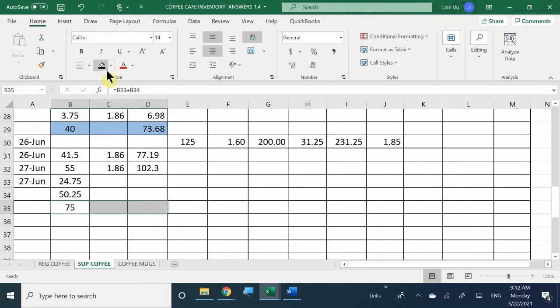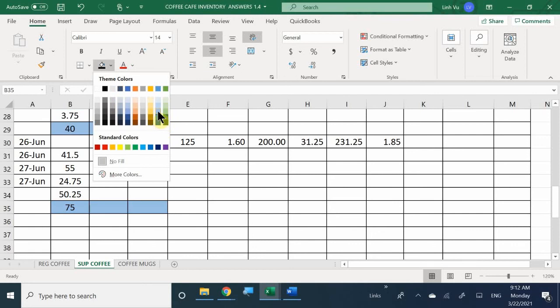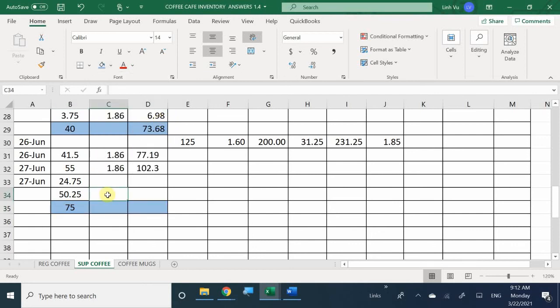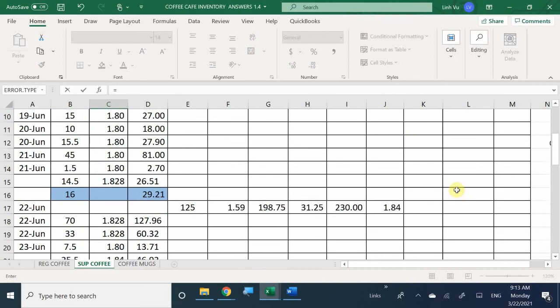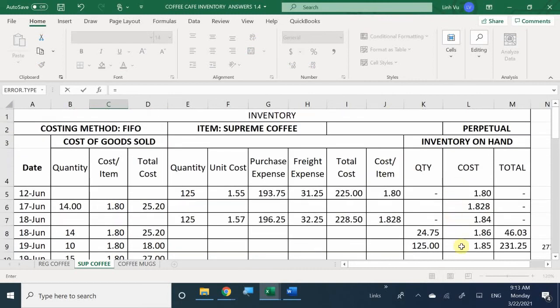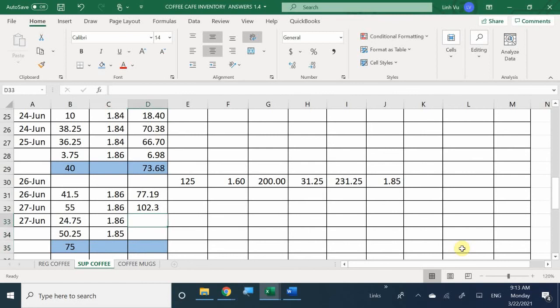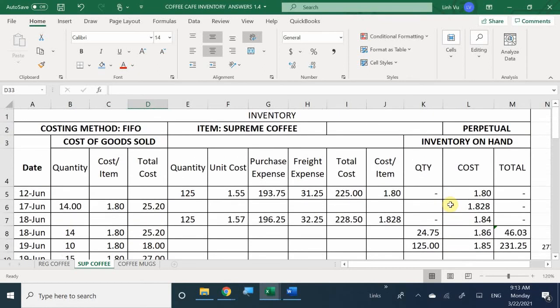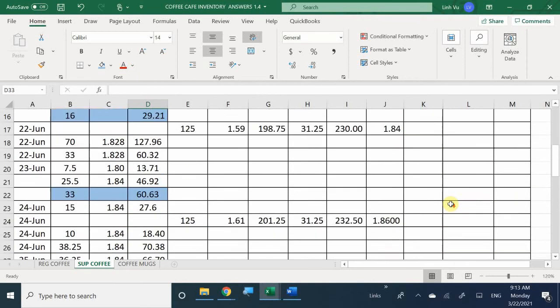Okay, so I need to remind myself that this is a calculation here. This one we know to be 1.86. And then what about my second batch? 1.85. Now, for a fact, we know that this one is going to cost me $46.03.